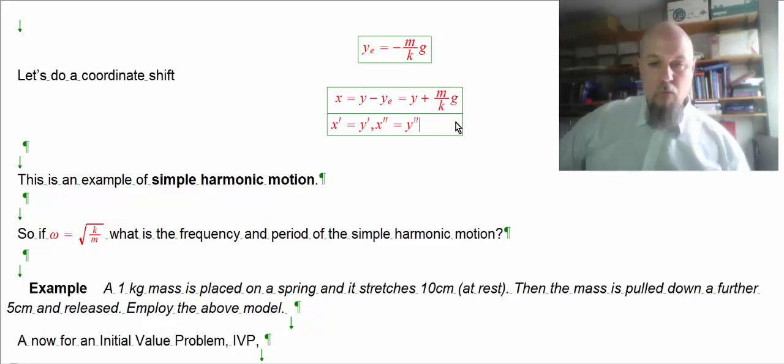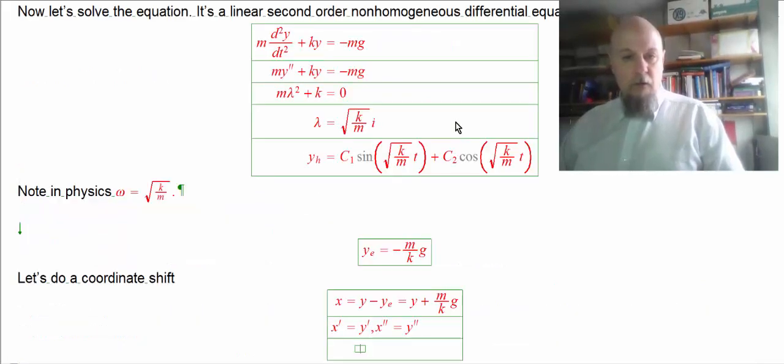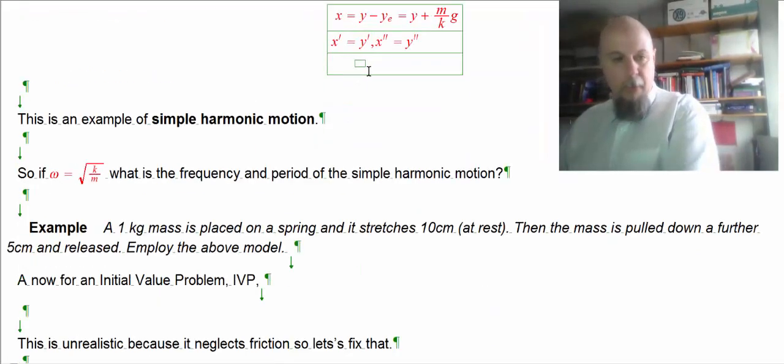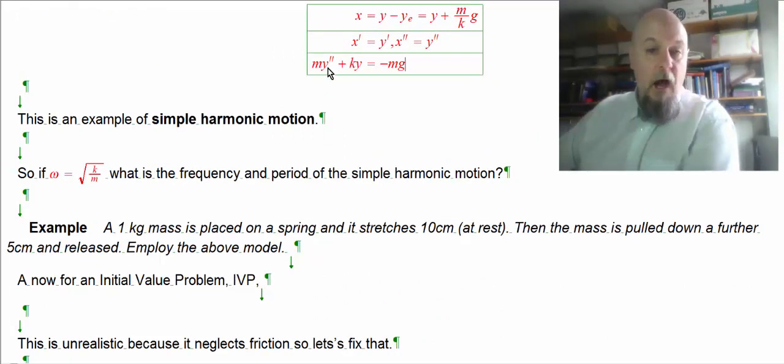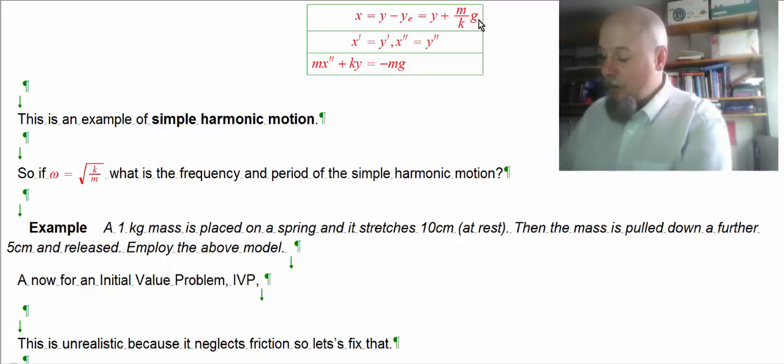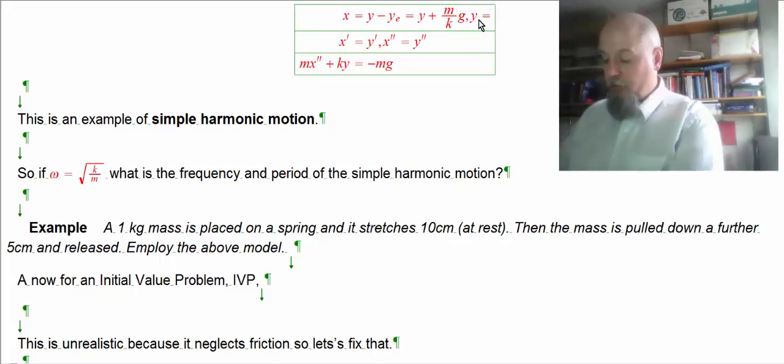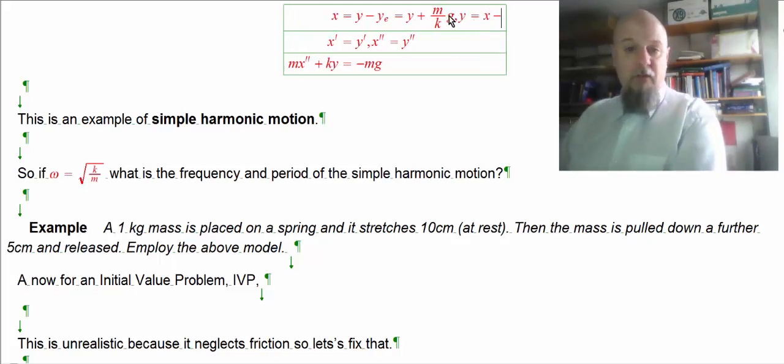When I do that, let's go back to my model. Here's my model equation. So I'm replacing y prime prime with x prime prime, and I'm replacing y with, well, if x is equal to y plus the equilibrium, then we can say that y is equal to x minus the equilibrium.